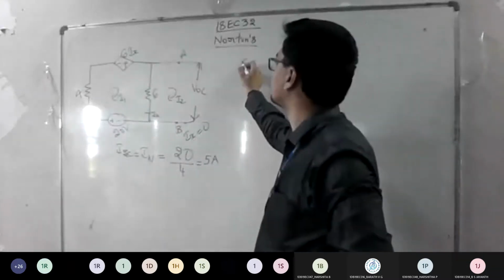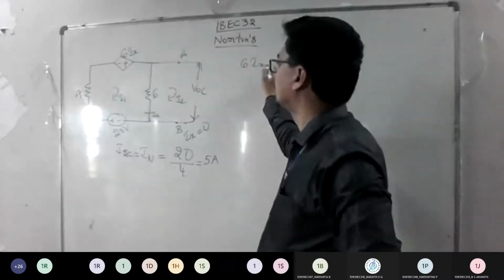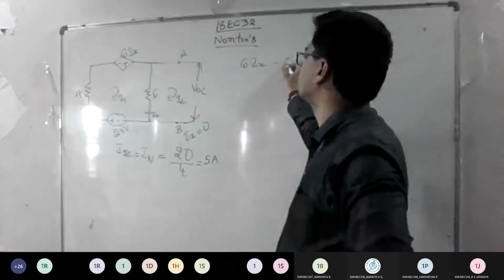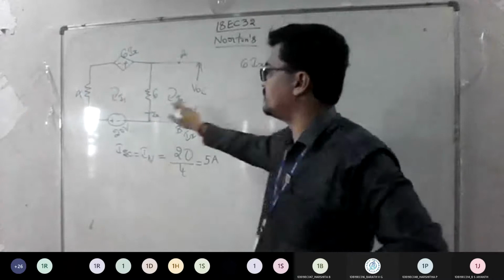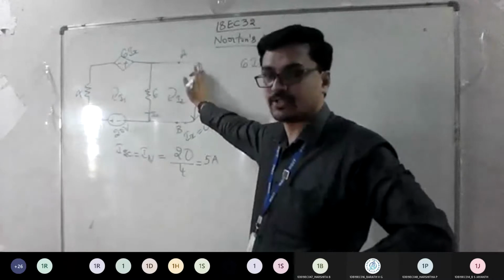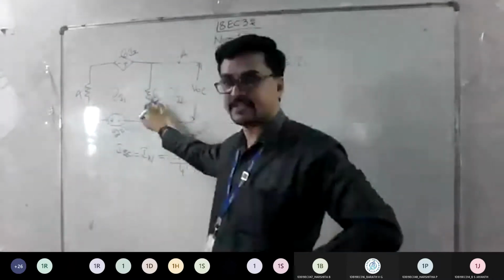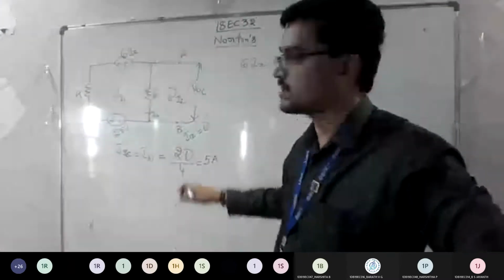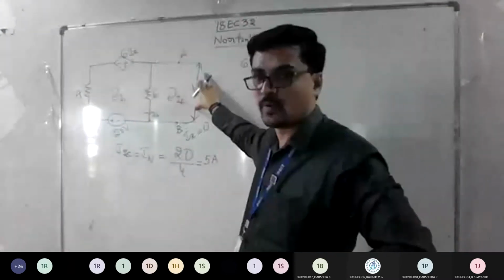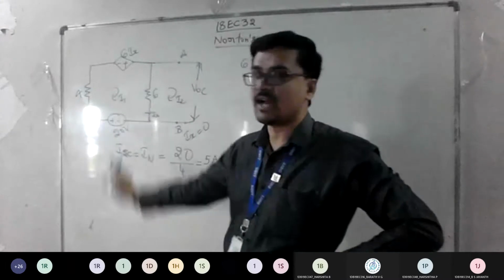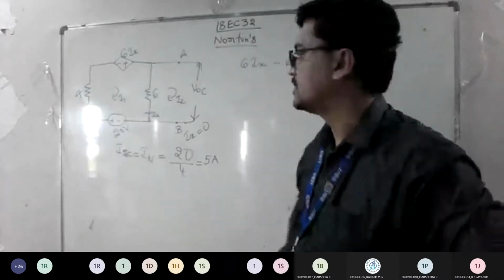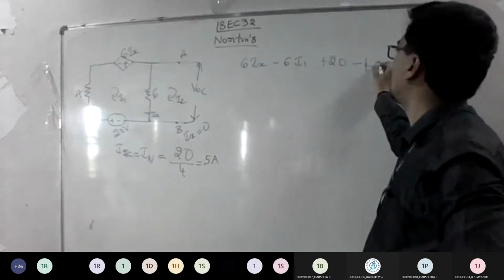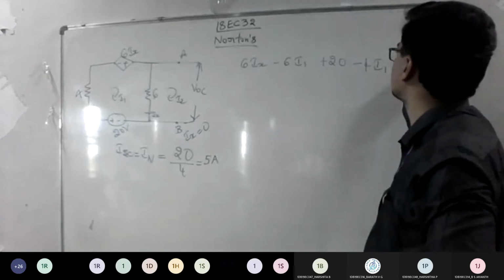Minus 2 plus is plus 6 Ix, then minus 6 I1, plus 20 minus 4 I1 equals 0. Earlier, if this was short circuit, the 6 ohm would belong to both the first and second mesh, but now I2 is 0 because of this open path. So across 6, only I1 will flow.